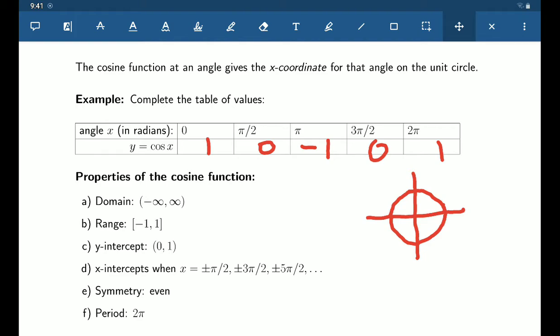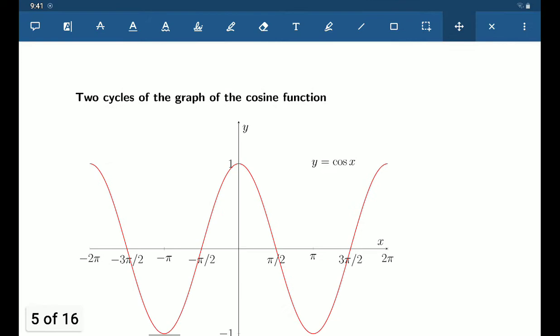And we know that when we are at 90 degrees or at 270 or any angle that's coterminal to that, that's where we'll have our x-intercepts. So at pi over 2 plus or minus, 3 pi over 2 plus or minus, 5 pi over 2 plus or minus, and so on. And here's our graph of the cosine function.